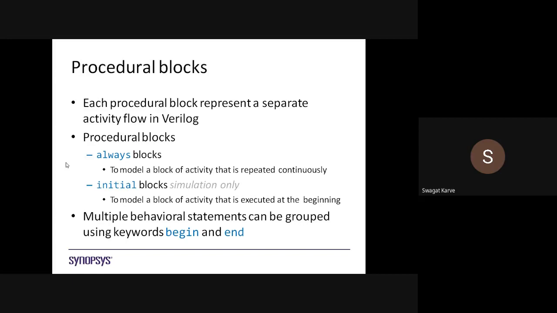Multiple behavioral statements can be grouped using the keywords begin and end. Always remember, the always block is used in a Verilog program, and the initial block is used in a Verilog test bench, that means the simulation part only.